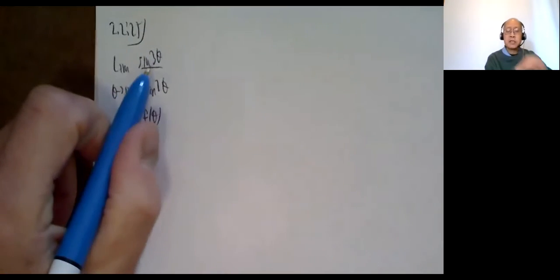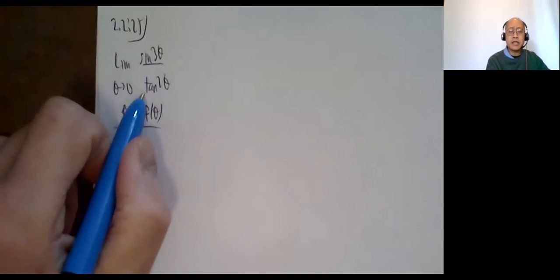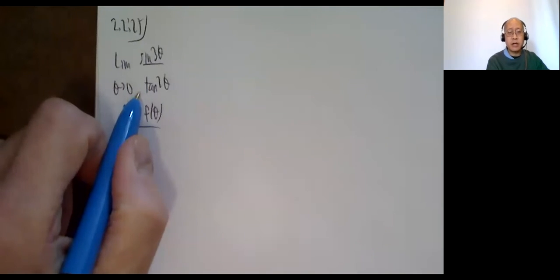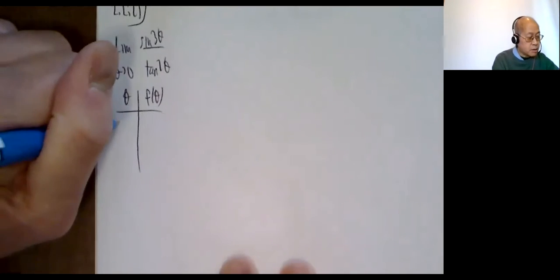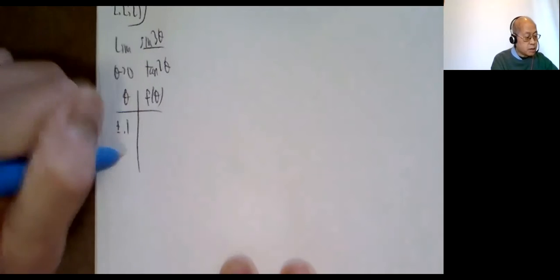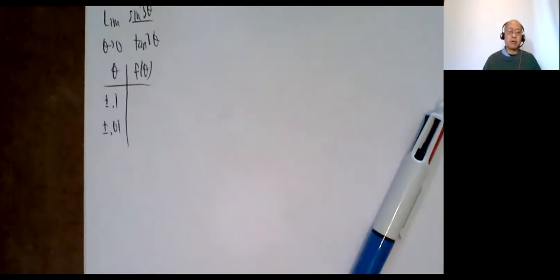Now let's see. Sine is odd, tangent is odd. Therefore, the ratio is even. So that means I can get by with plus or minus. To save time, I'll just do plus or minus 0.1, plus or minus 0.01, and put it in a calculator. This should be in radian mode, so let's see if I'm in radian mode. Okay, so here we go.